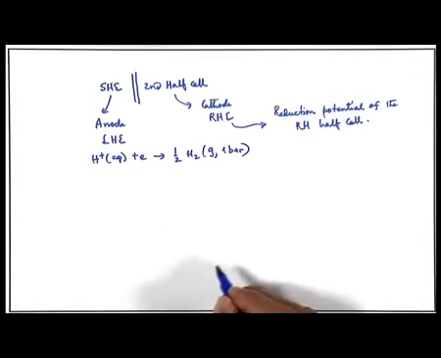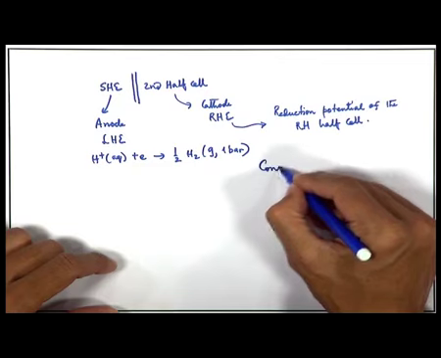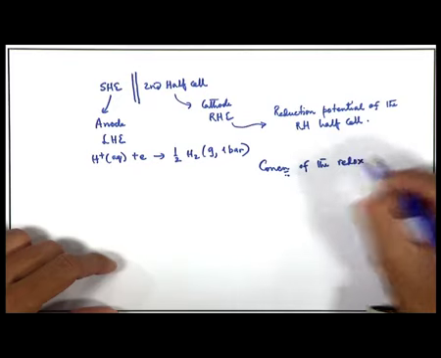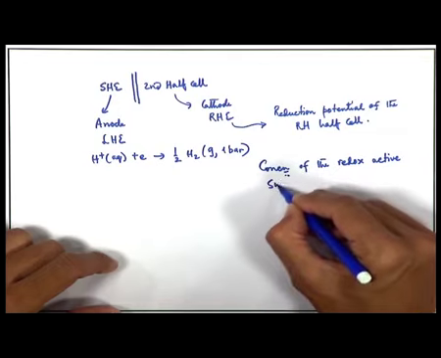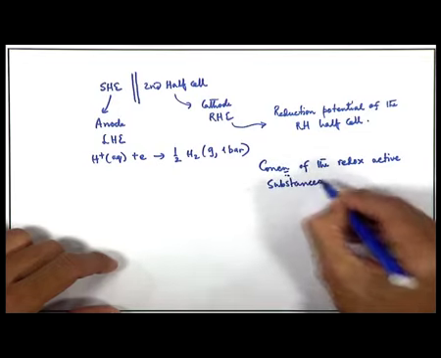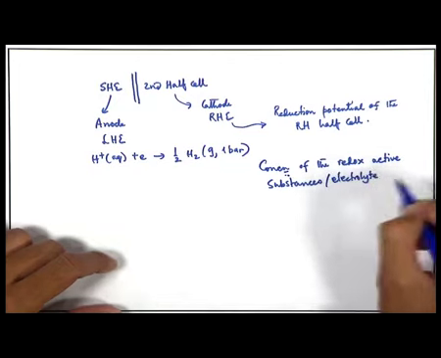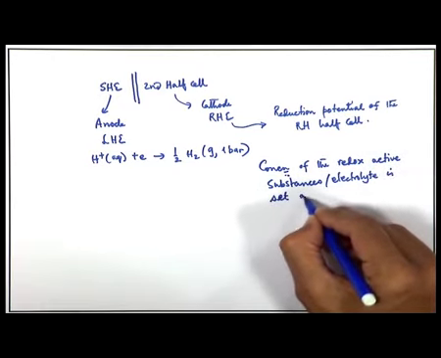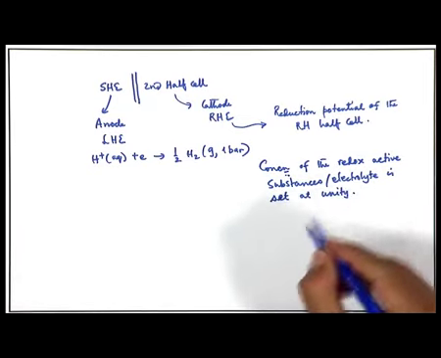In this case, the concentration of the redox active substances, or electrolyte associated with the electrode, is set at unity. And then the cell potential.